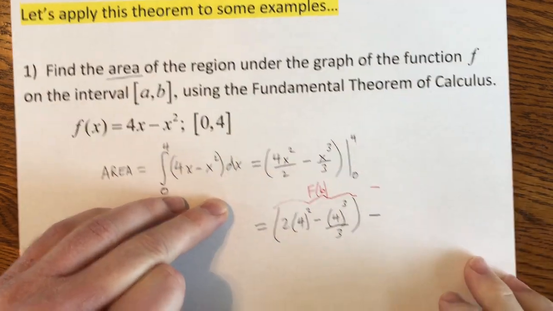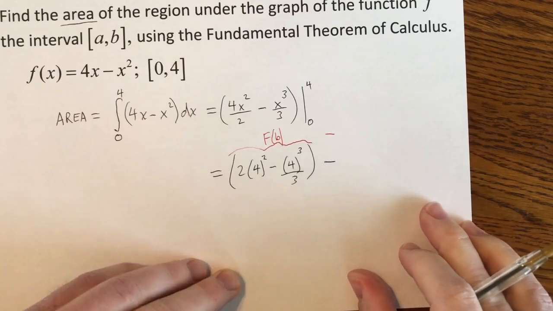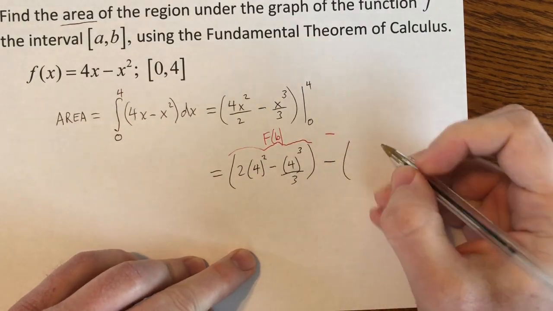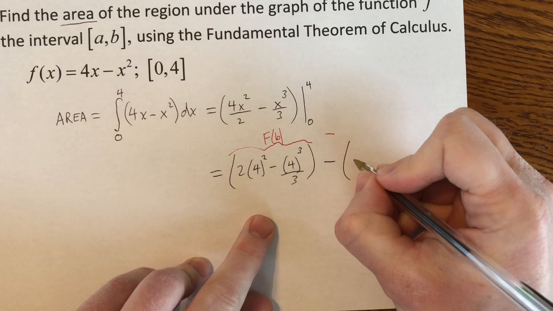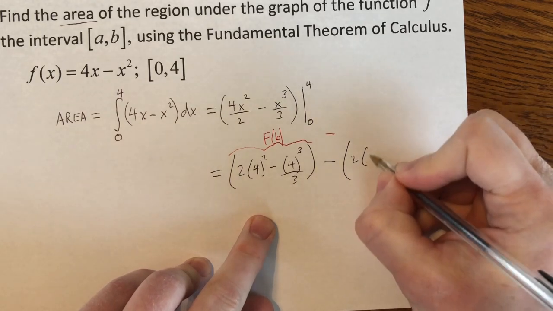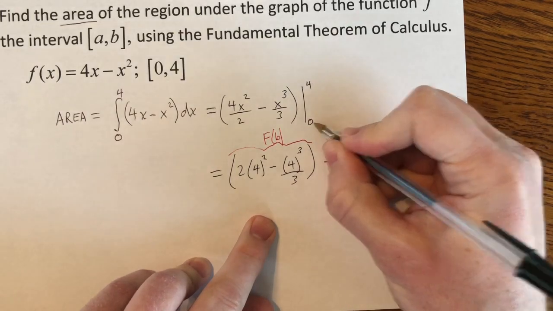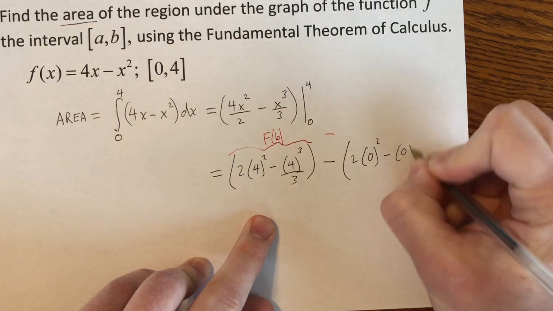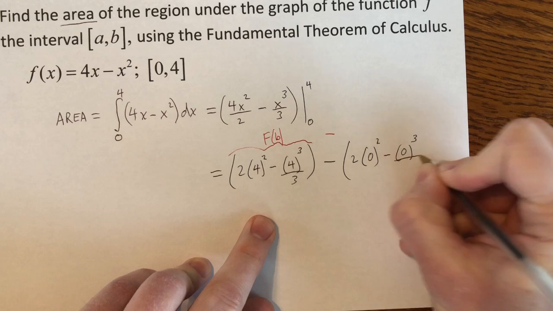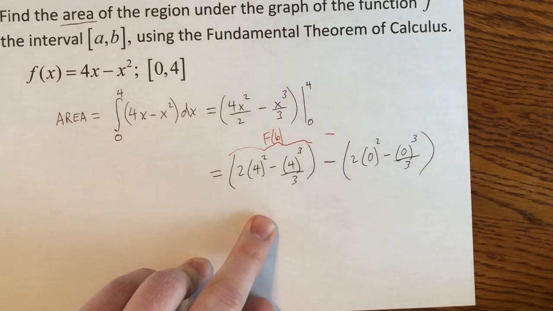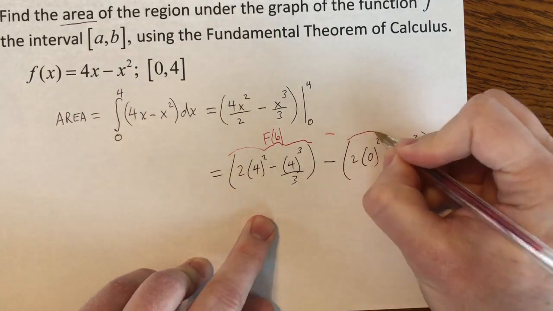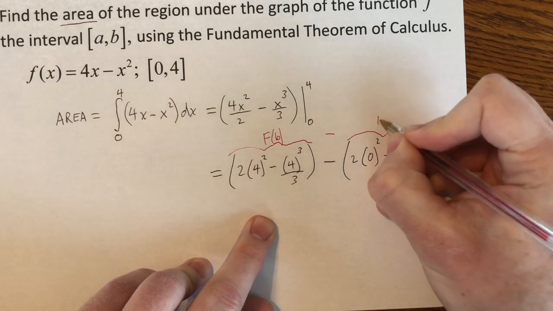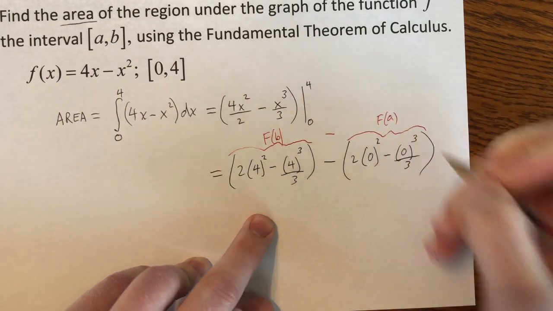And now in our second part, we're going to do the same thing, except now whenever we have an x, we're going to replace it with the lower limit of integration. So that looks like this. So this really is representative of F of a.